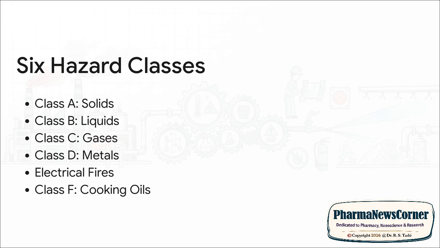Class B involves flammable liquids like solvents and fuels. Class C is gases. Class D covers highly flammable metals, think magnesium or lithium. Then we have electrical fires, and lastly, Class F, which is those cooking fats and oils we talked about earlier. You absolutely have to know exactly which class you're dealing with.